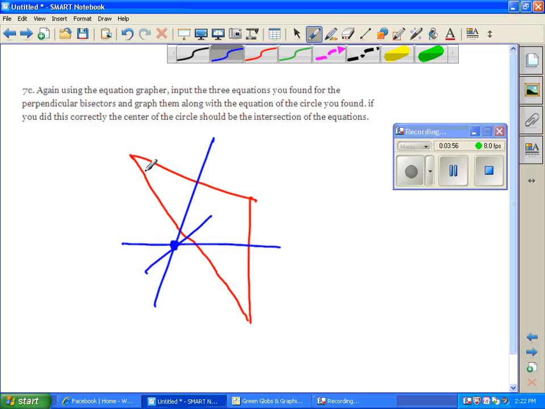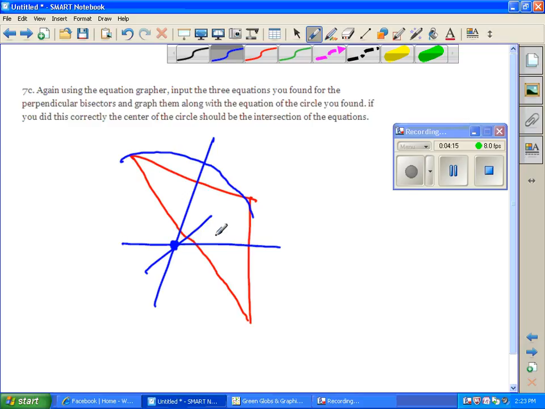And graph them along with the equation of the circle you found. If you did this correctly, the center of the circle should be in the intersection of the equations. So the center of this circle here should be in the intersection of the equations.